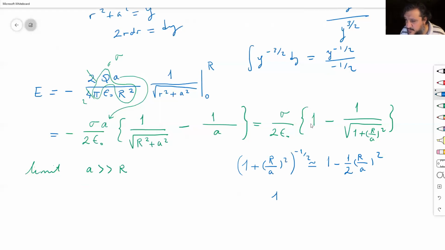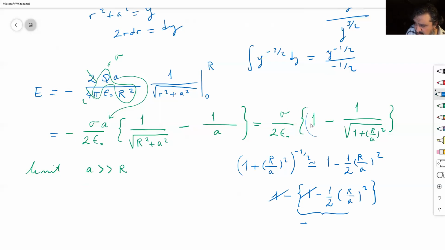So I have here 1 minus, this one I'm talking about, minus 1 minus 1/2 R over A squared. If I do that, this one cancels that one, but what is left here is plus 1/2 R over A squared.